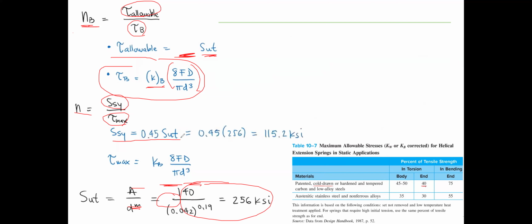Because this question just mentions the material's properties, but without any surface treatment, we can define it as the 45% torsion. So we get the SSY equals 150.2 KSI.